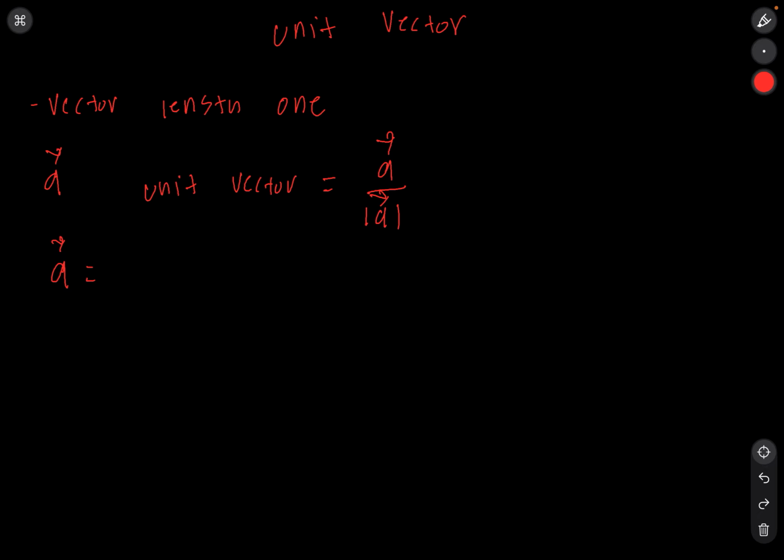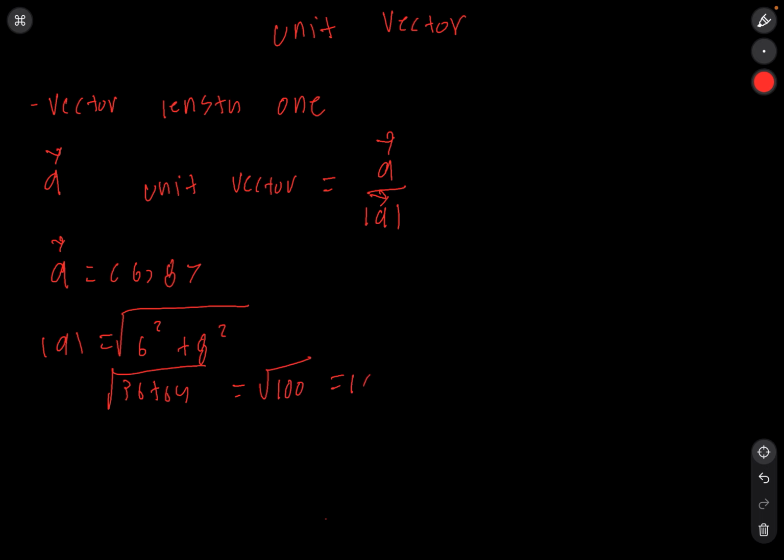Let's say we had vector A, which was equal to 6 and 8, 6 being my x component and 8 being my y component. From here, to find the unit vector, all I would have to do is find length A. Length A, as we established, is just using the Pythagorean theorem. So we do 6 squared plus 8 squared, square root all that, which is 36 plus 64, which is equal to root 100, equal to 10.